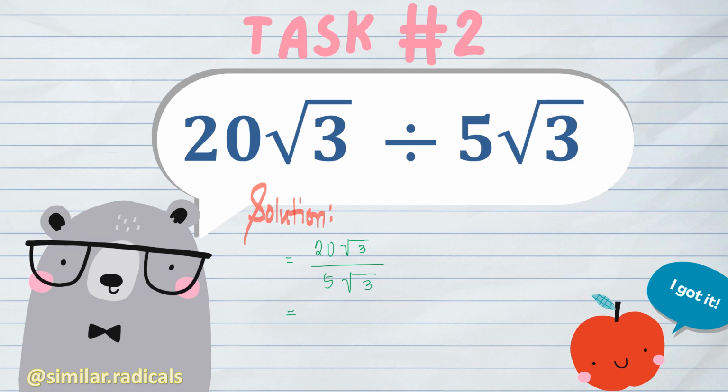Square root of 3 divided by square root of 3 is 1, and 20 divided by 5 is 4. So for our final answer, we're gonna have 4. Again, for this item, our final answer would be 4, as easy as that.